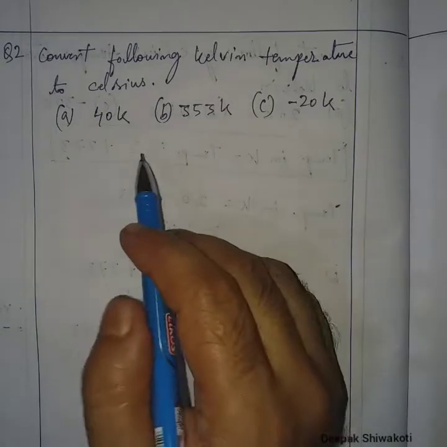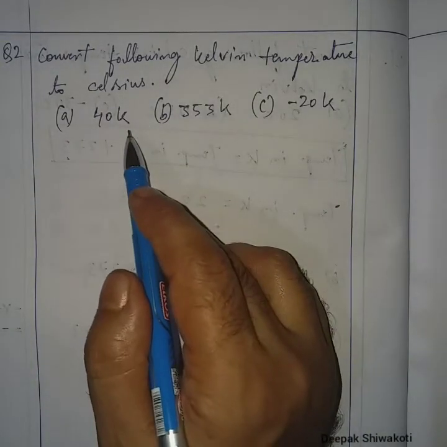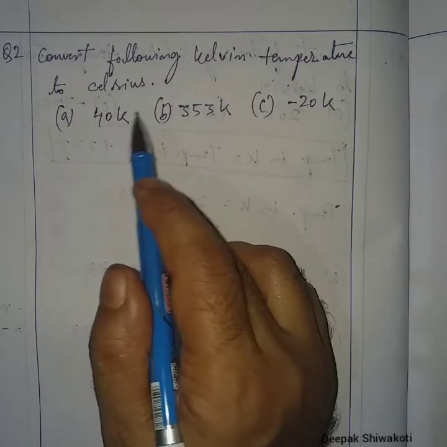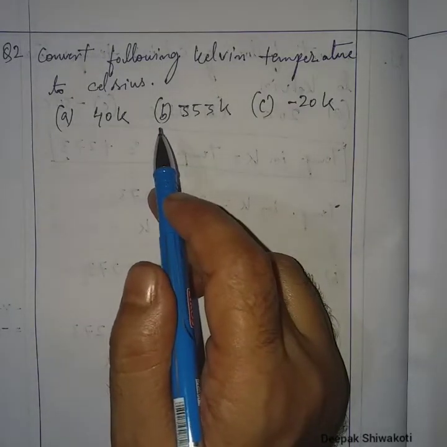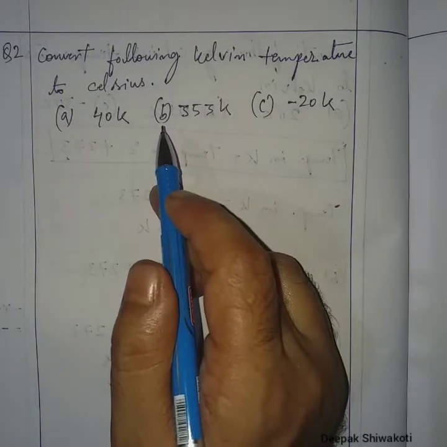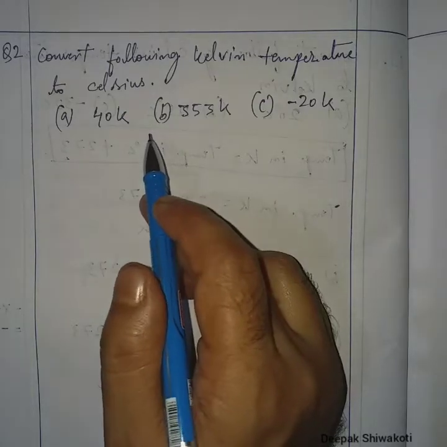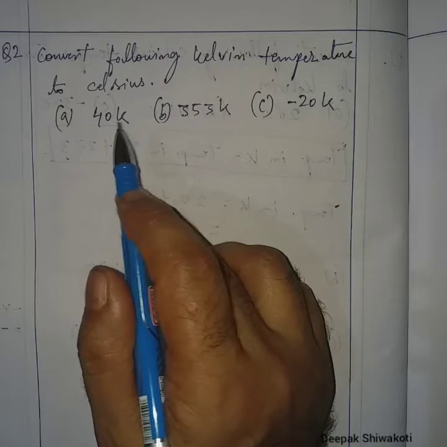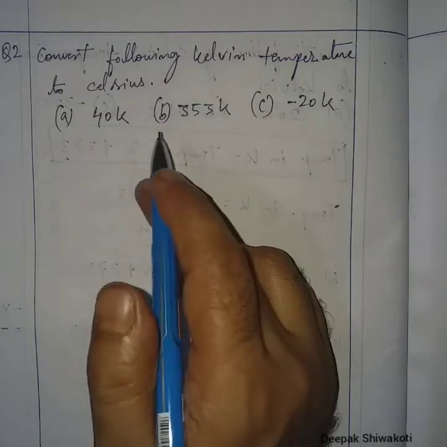In question number 1, we converted degree centigrade to Kelvin, and in question number 2 we are doing Kelvin to degree centigrade. In question number 1 we added 273 to convert degree centigrade to Kelvin. Here we will subtract 273 from the Kelvin scale temperature to get the degree centigrade.